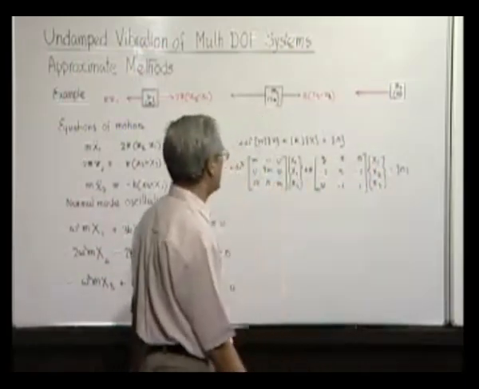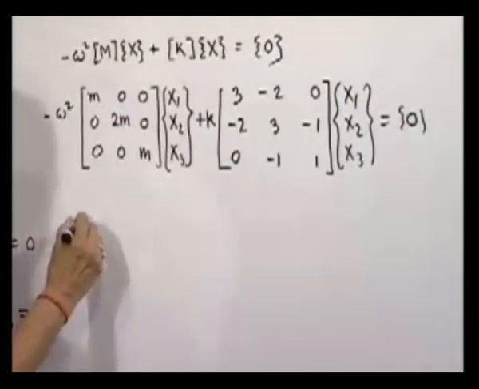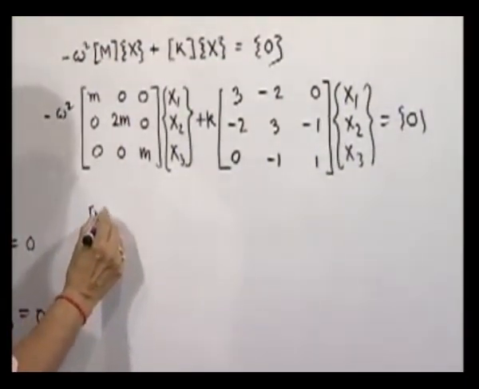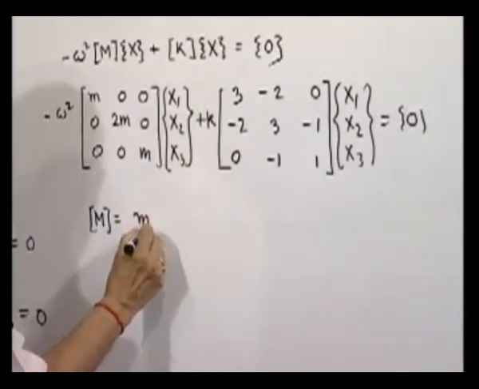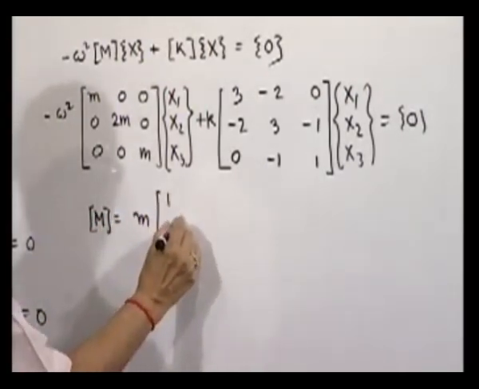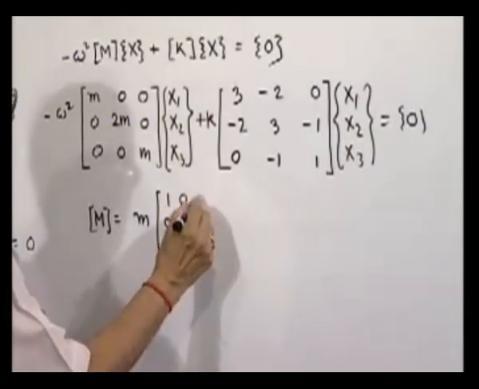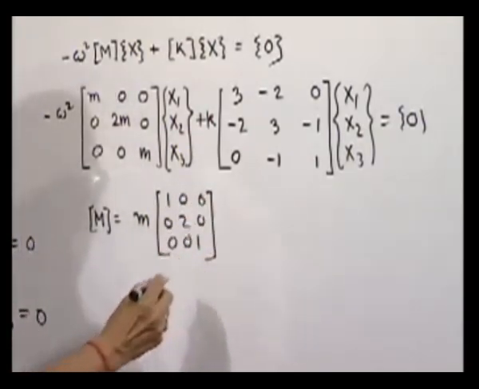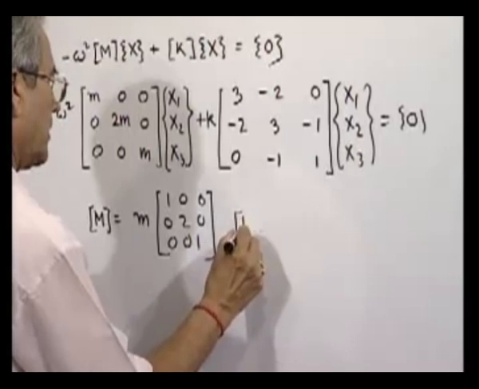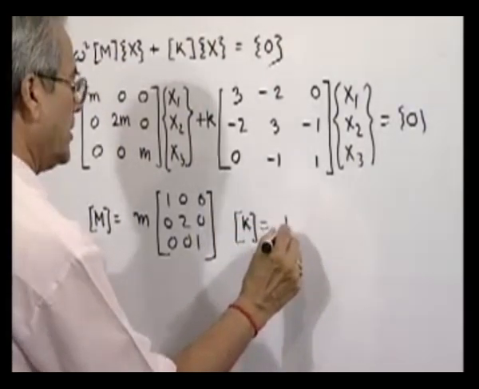So the K matrix now, M matrix is this, and K matrix is this.